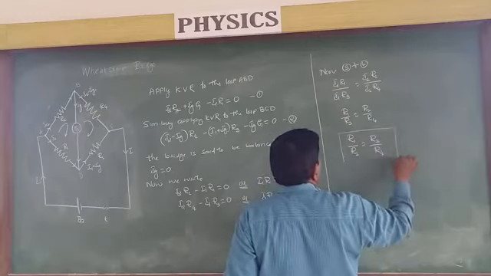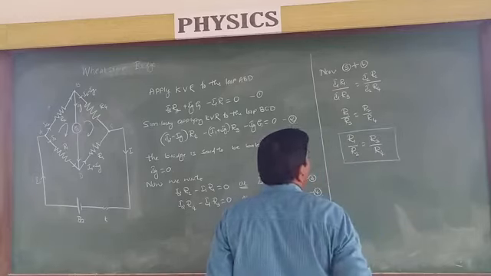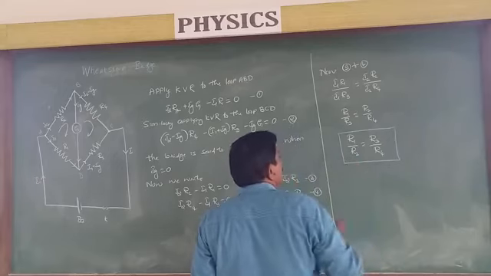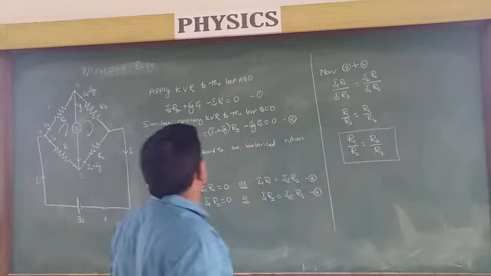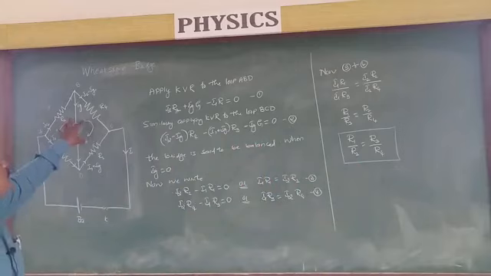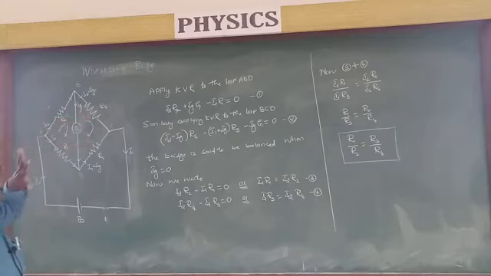So this is the condition for the balanced network. If the Wheatstone's bridge is balanced, then the ratio of these two is equal to the ratio of these two.